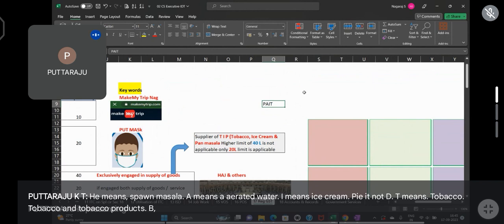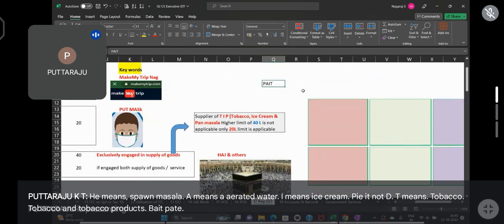PAIT, not PAID. Pan masala, aerated water, ice cream, tobacco and tobacco products.